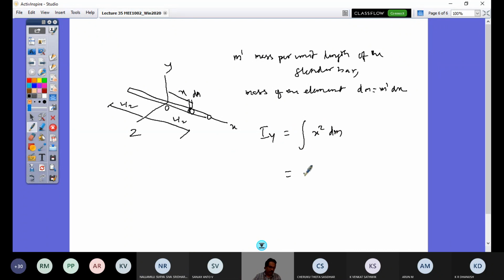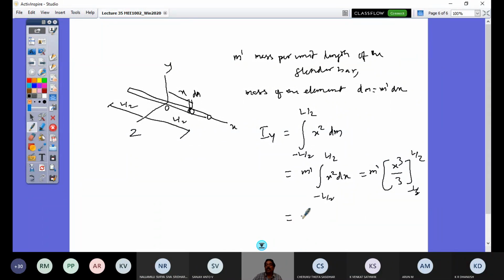So that's going to be the integral of x squared dm, and it goes from x equals minus L by 2 to plus L by 2. I can substitute dm here, that is m dash integral from minus L by 2 to L by 2 of x squared dx. So that's going to be m dash into x cube by 3 from minus L by 2 to L by 2.